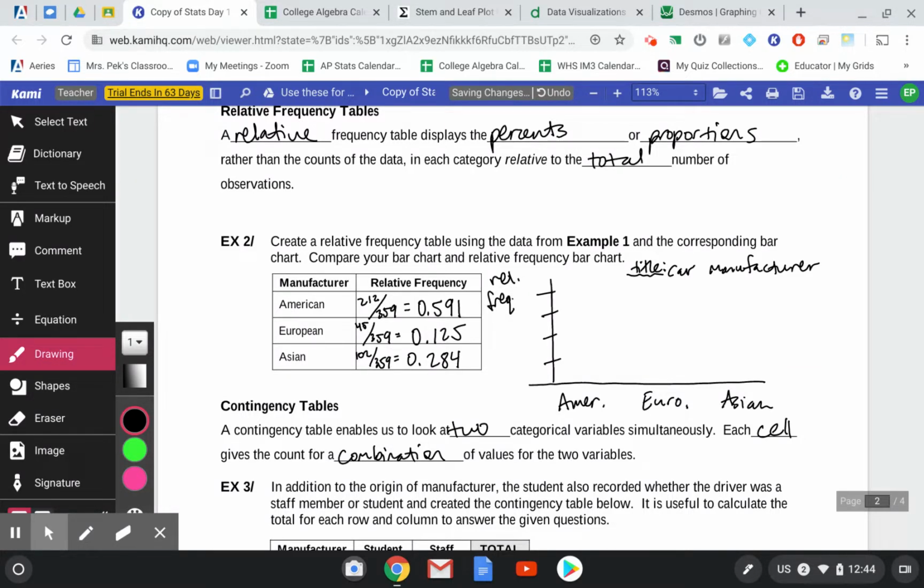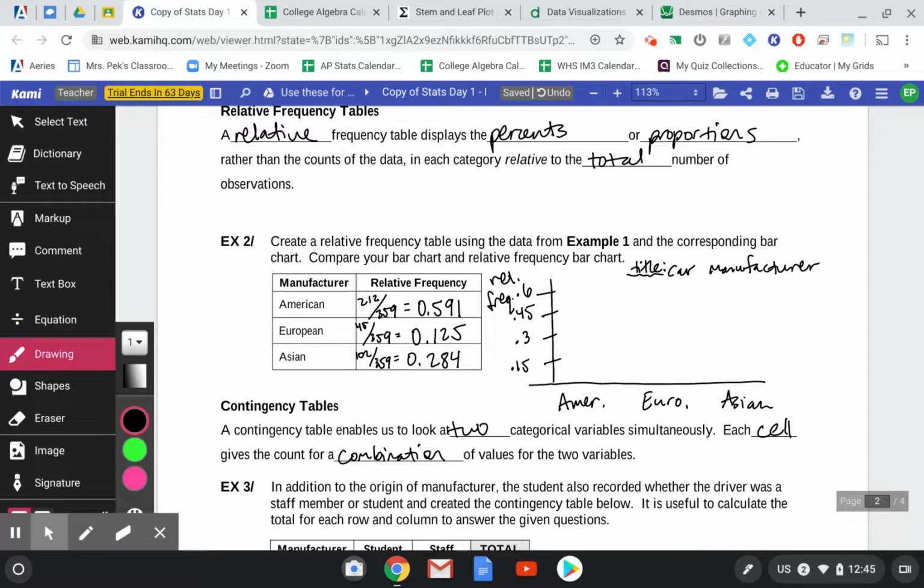And our scale is going to be the decimal values. I need to go up to at least 0.6 because that's the highest that I have. So let's see, 0.3, 0.15, and 0.45. You could count by 0.1s or 0.2s if that's easier, whatever you need to do.